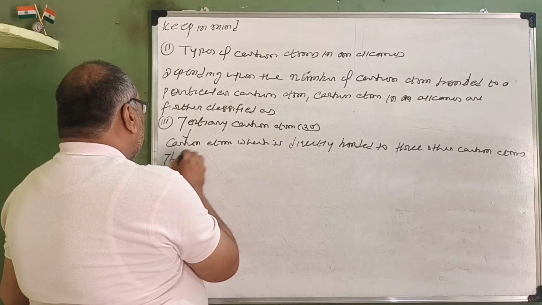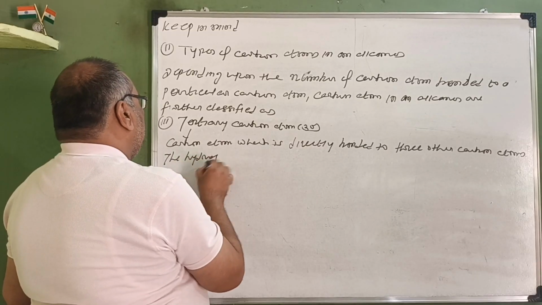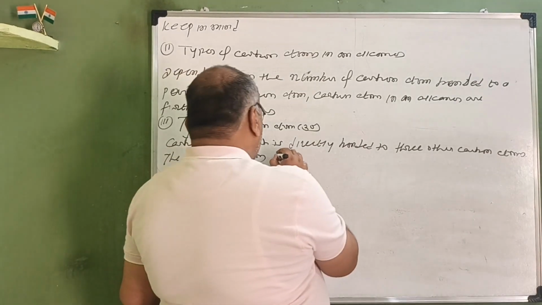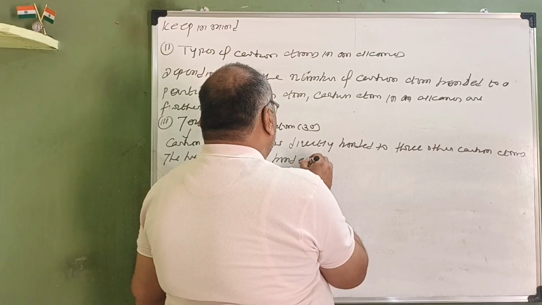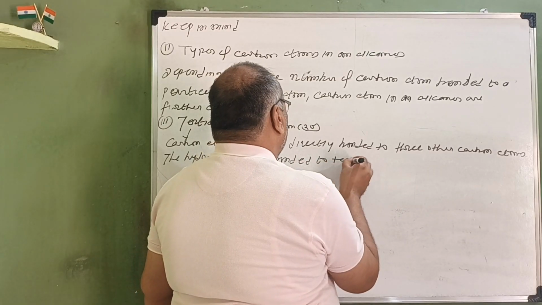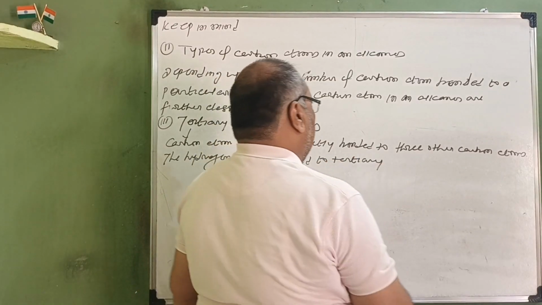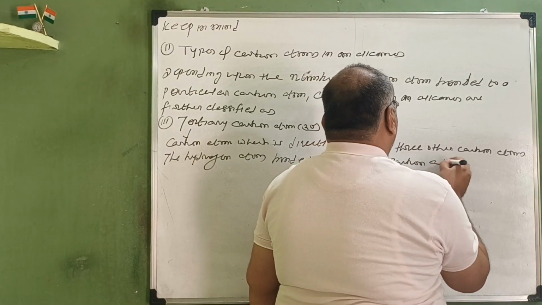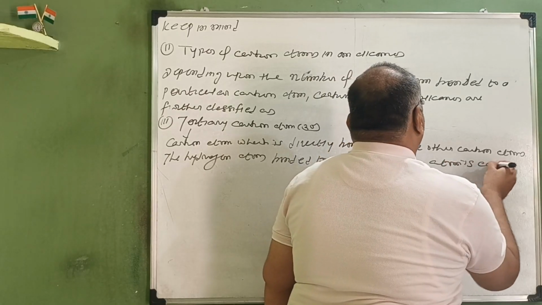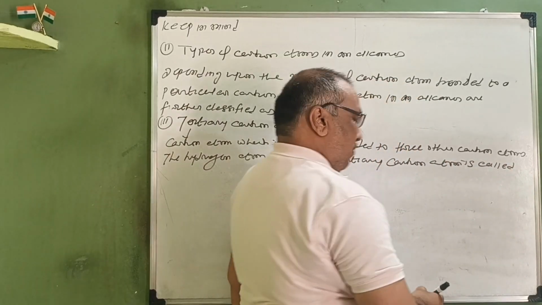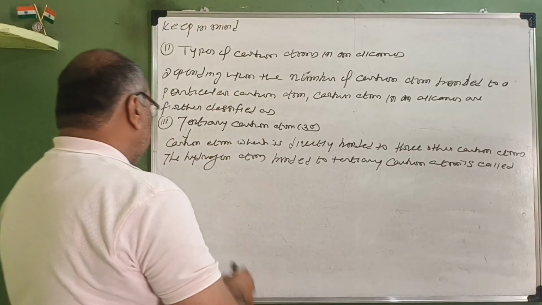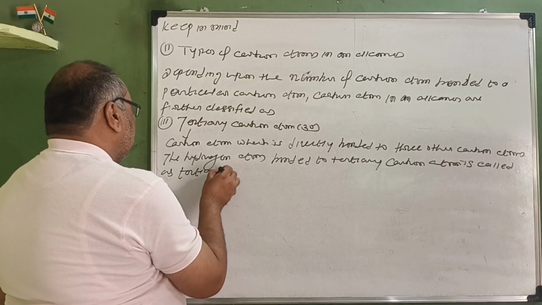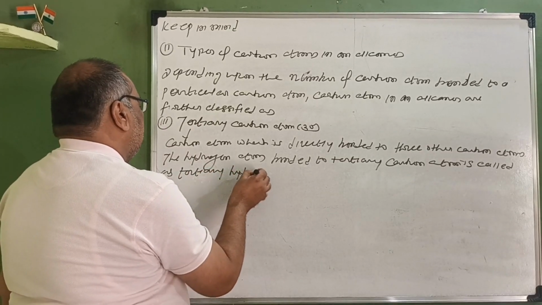The hydrogen atom bonded to the tertiary carbon atom is called tertiary hydrogen atom.